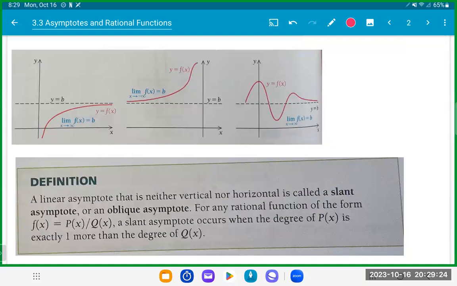And then finally, we'll have what's called a slant asymptote, or you might see it as an oblique asymptote. We probably won't deal with many of those in this class, but that occurs when the degree of the numerator is exactly 1 more than the degree of the denominator.